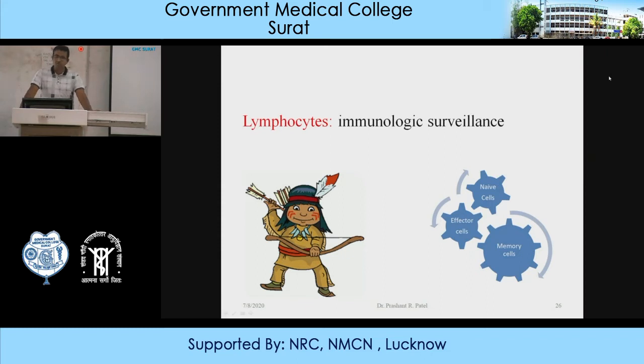Once they encounter the antigen, they are converted into effector cells, and these effector cells have a crucial role in adaptive immunity. After this immune mechanism is over, after elimination of all pathogens, some of these cells are converted into memory cells.